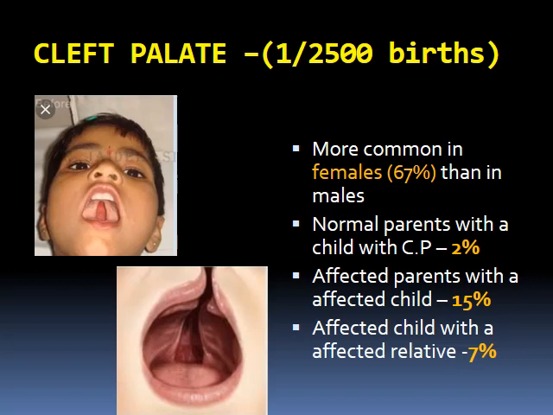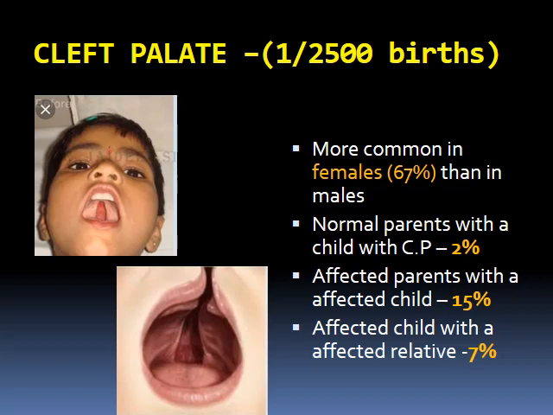Normal parents, if they have a child born with cleft palate, the chance that the second child will be born with a cleft palate increases by 2%. Affected parents with an affected child, then the risk factor increases by 15%.